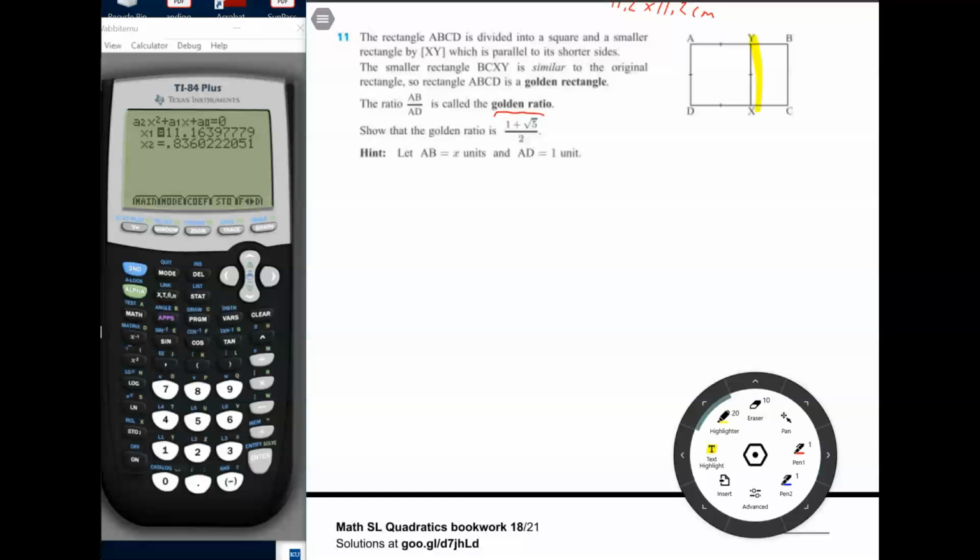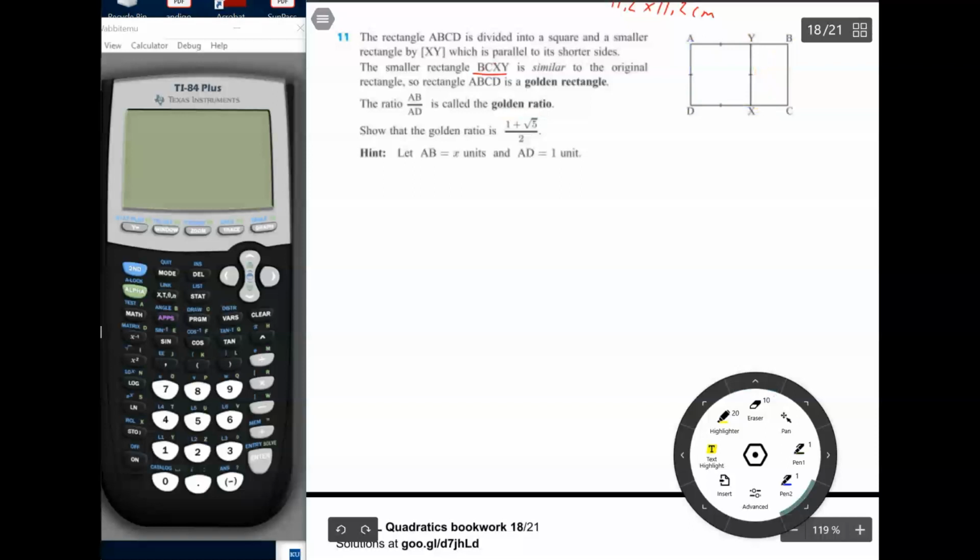The smaller rectangle BCXY is similar, which means it has the same proportional dimensions, to the original rectangle. So the red rectangle is the same shape as the blue rectangle. It's just proportionally smaller. Okay, so they give us some advice here.